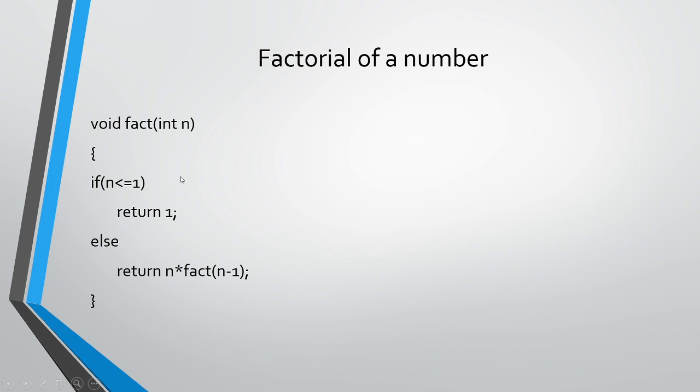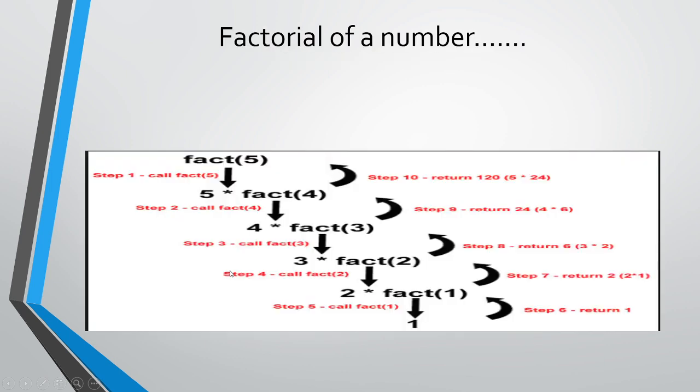Let's see what the output of this function is. I want to find the factorial of 5. So factorial of 5 is called. The statement that 5 is less than or equal to 1 is false, so the else statement will be executed. The else statement says 5 into factorial of 4 will be called.